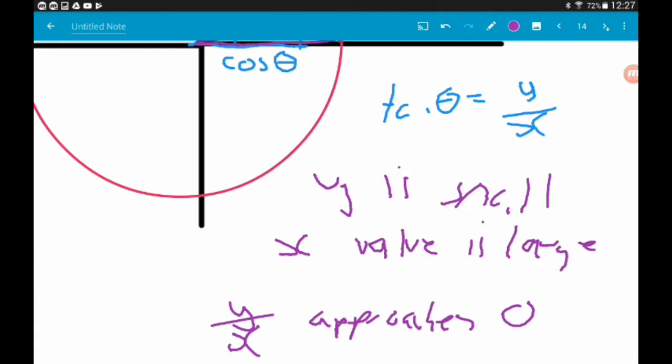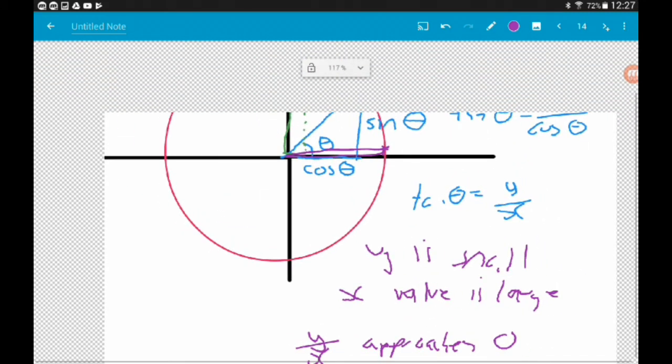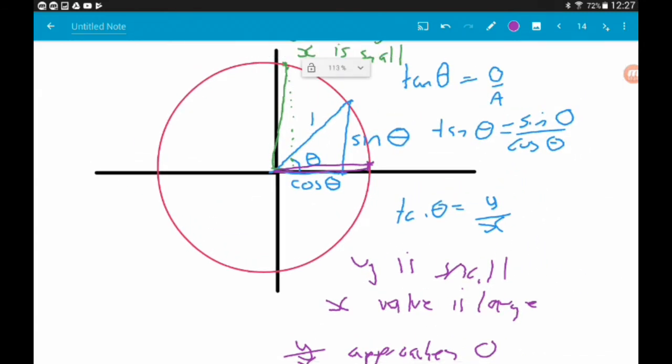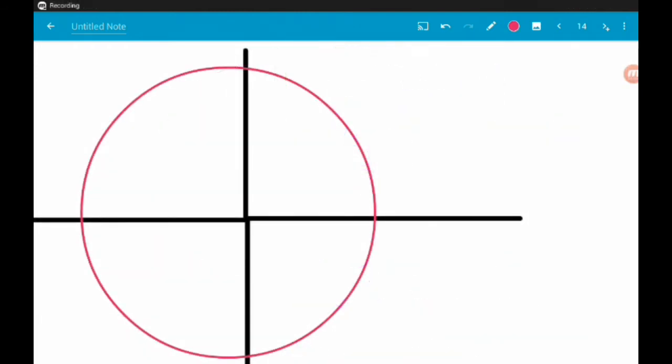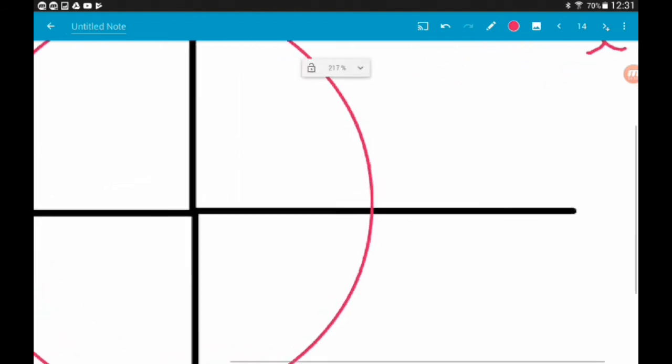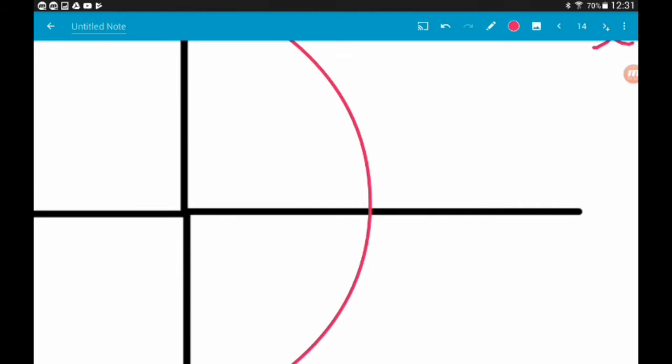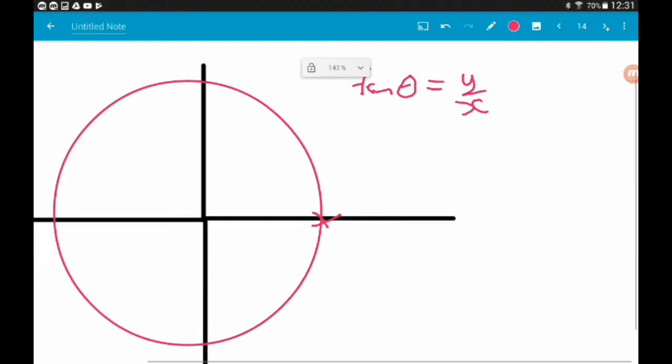So now I'm going to clear this up and we'll just talk about the important points one more time. Okay then, so let's just get it written down that tan of theta is our y coordinate over our x coordinate. Just makes things simple and I don't have to keep saying sine and cos. So let's first of all think about tan of 0. When theta is 0 degrees, hopefully by now we are happy that we are at that point there.